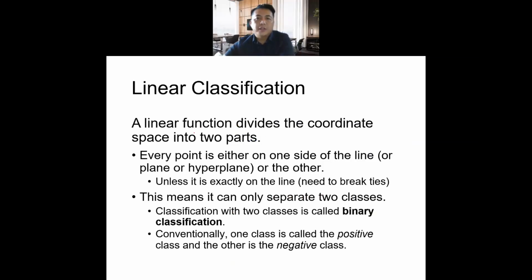So a linear function divides the coordinate space into two parts. Every point is either on one side of the line, plane or hyperplane, or the other. Which means that you can only perform this for two classes, binary classification. So we call them the positive class and the negative class.